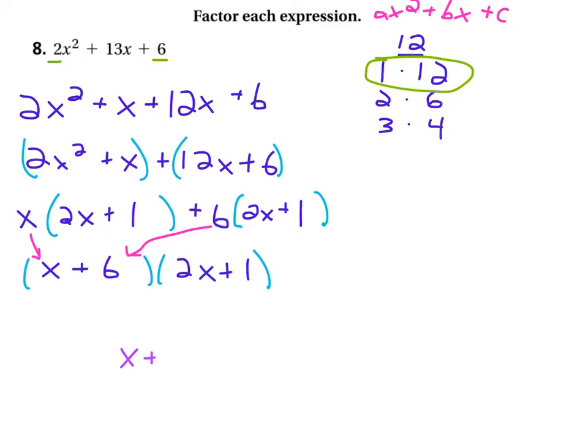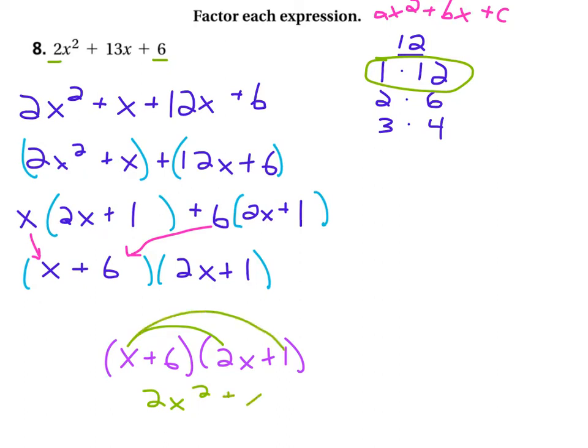I'll write it down at the bottom. And of course, you should check that if you FOIL it back together, you get the original thing. So let's do that. First times first gives us 2x squared.